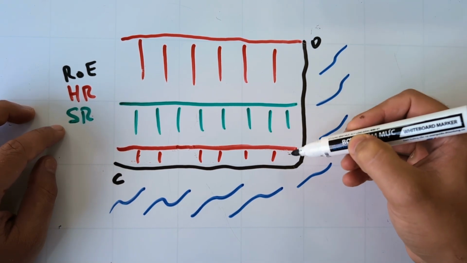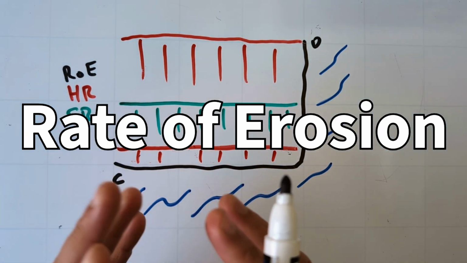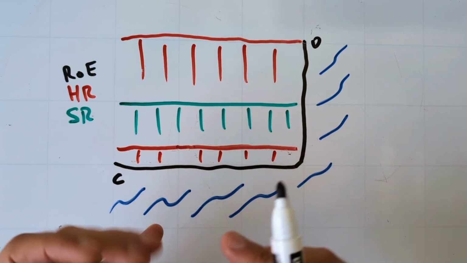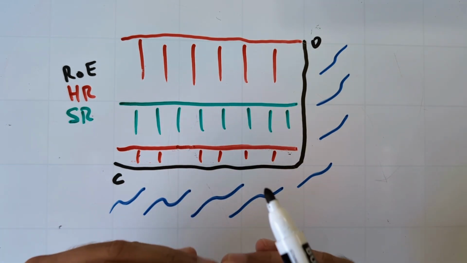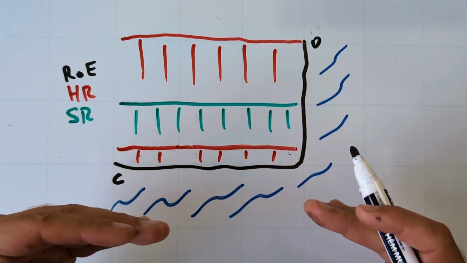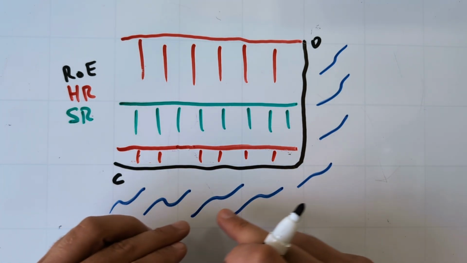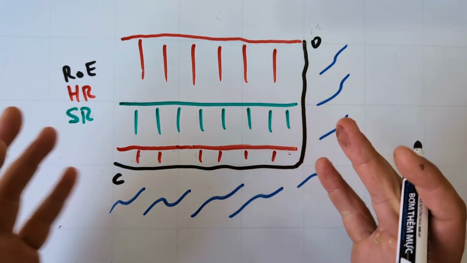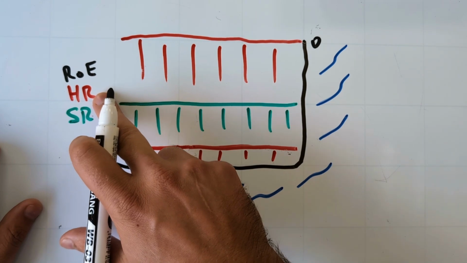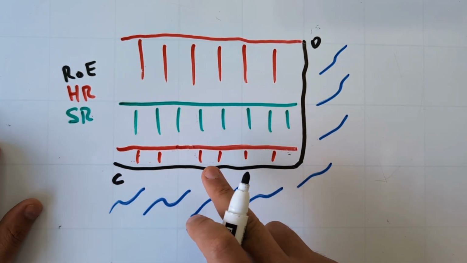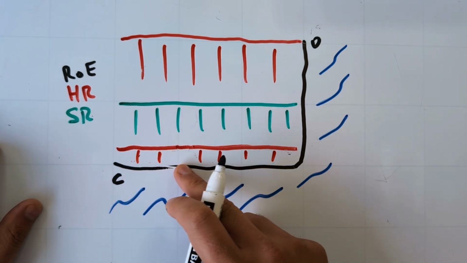The key difference between hard and soft rock is their rate of erosion. So you need to really understand that rate of erosion is central here, because that's what really defines the difference between hard rock and soft rock. One erodes quicker than the other, okay? So we have our coastline, we have our waves, there's wave attack, hydraulic action is taking place, and even though it's a hard rock with a slow rate of erosion, there is erosion taking place, okay?